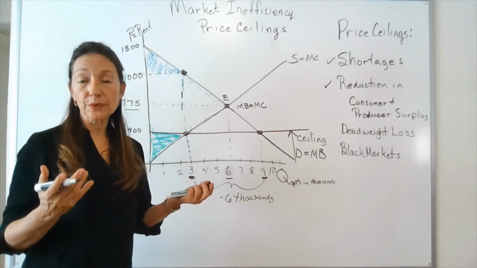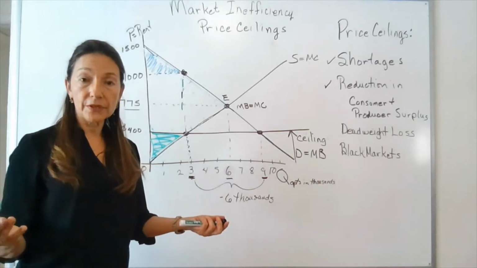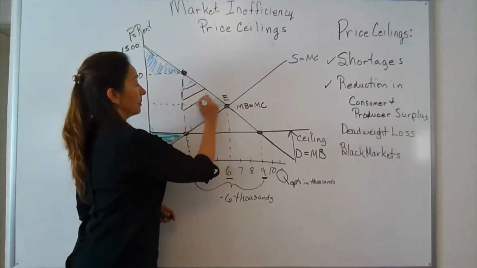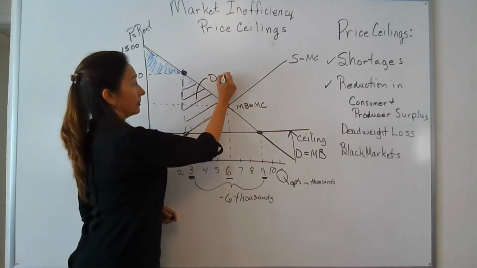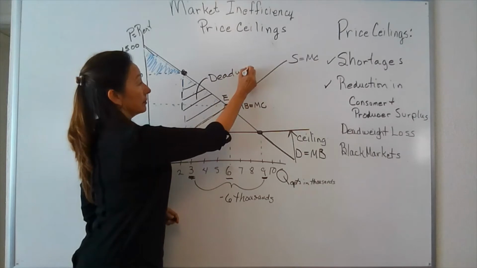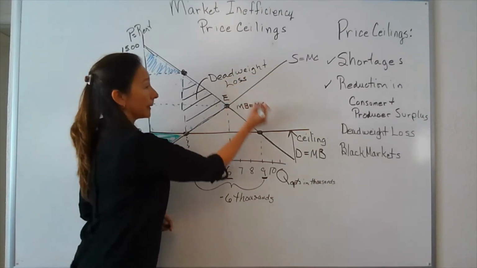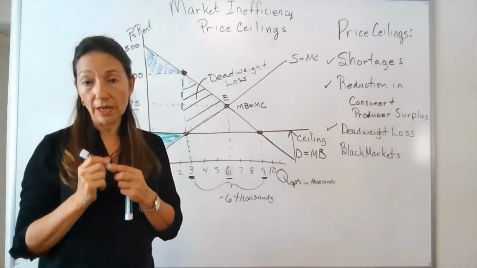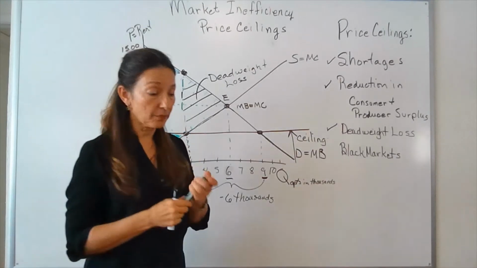They have resources that need to be deployed somewhere else where they can actually recover their cost. So this entire triangle here is a deadweight loss. So basically, these are resources that are lost. They're not available to us anymore.